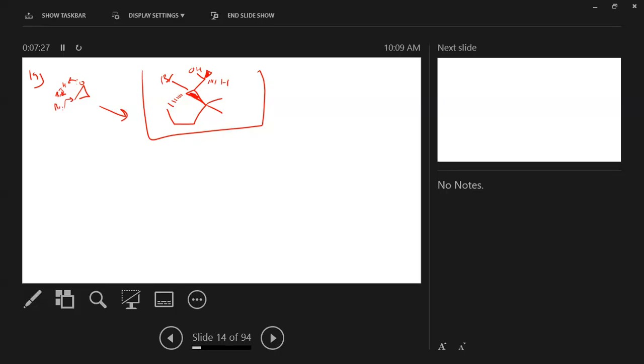So question 20, we can put this on the same slide in case you're still working on 19. This is give the systematic IUPAC name for the given molecule. This is going to be 1-pentanethiol.